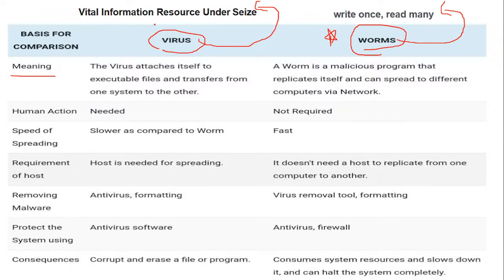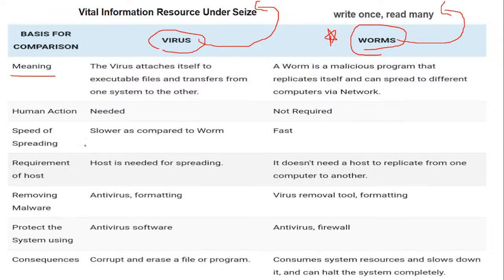So we'll come back to this topic of threats, wherein we are first understanding the difference between virus and worms. Virus is vital information resource under seize. Worm is write once, read many. A virus attaches itself to executable files which are executed and gets transferred from one system or PC to another.